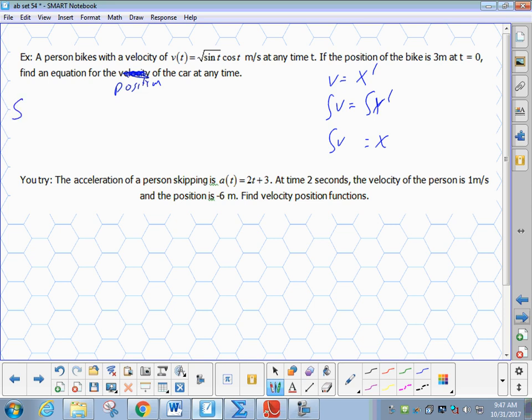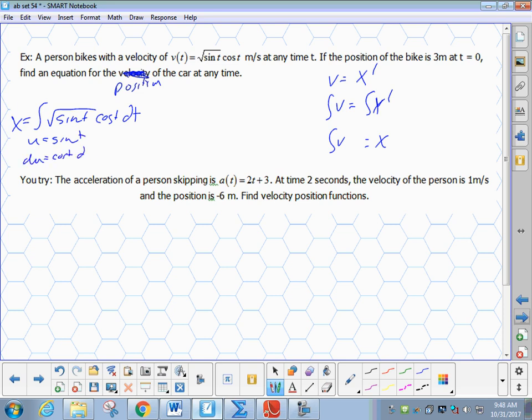Now then, this will require some u-sub skill. If you take the antiderivative of root sine times cosine, then you have a function within a function and a product. So what shall you make u? Sine of t. What's du?